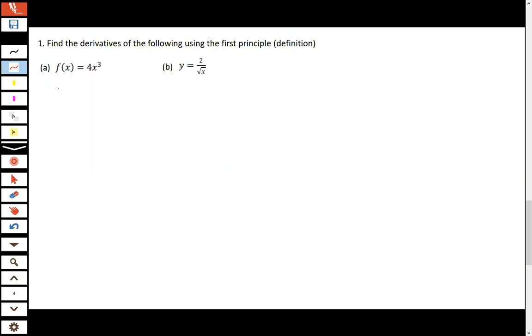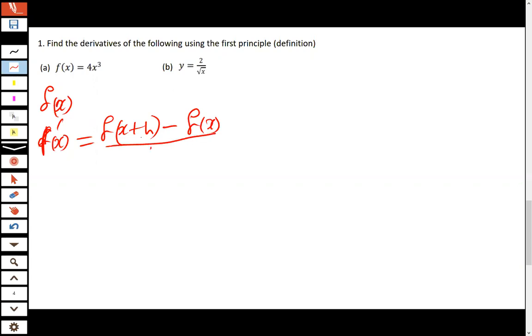If you have, let's say, for instance, f of x as a function, according to the first principle, dy dx, or let me say f prime of x, is found by finding f of x plus h, then minus f of x, and then everything divided by h. Of course, this is supposed to be the limit of something.